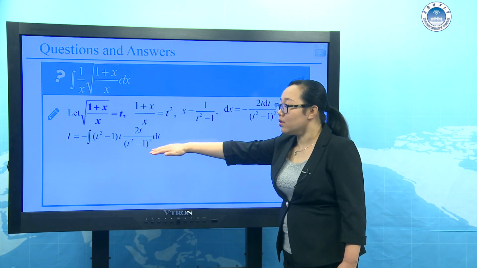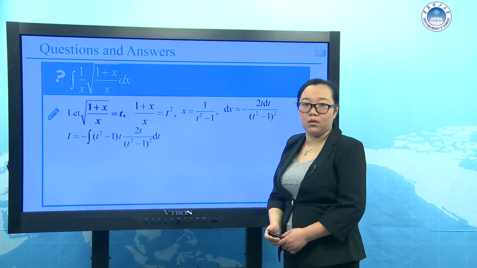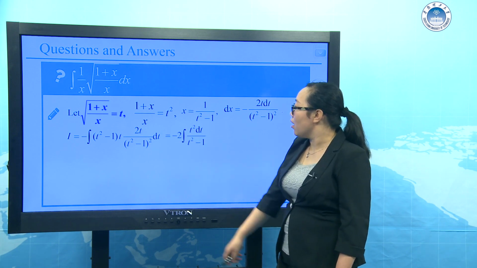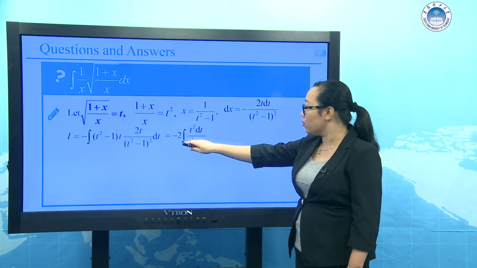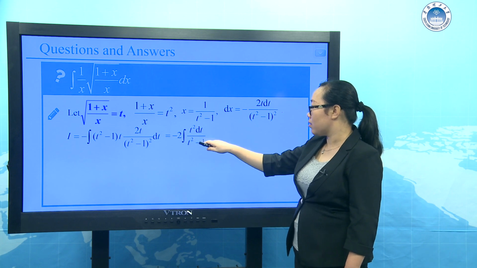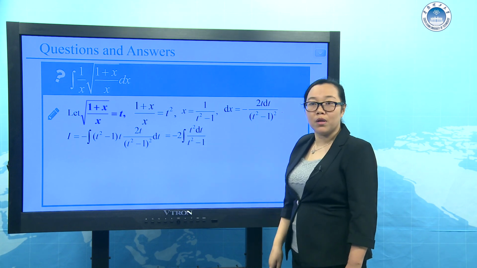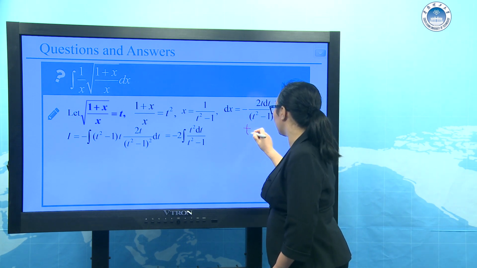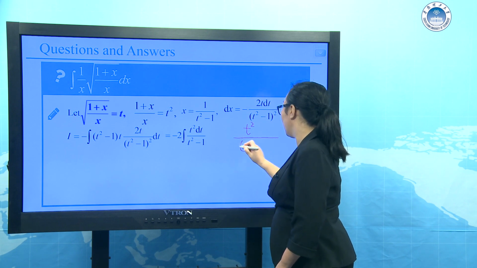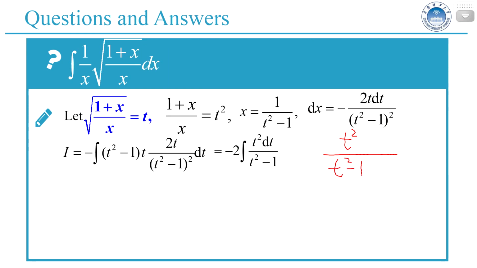Now the integral becomes a new function of t. Delete the corresponding common factor, and we get minus 2 t squared over (t squared minus 1). Yes, we are familiar with this form. How do we do it? This term is t squared, and this term is t squared minus 1, so we write minus 1 plus 1, which becomes a polynomial plus a proper fraction.